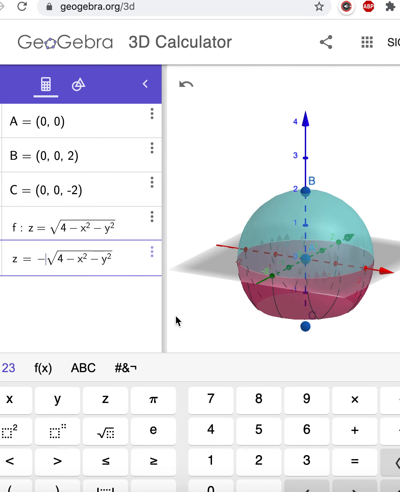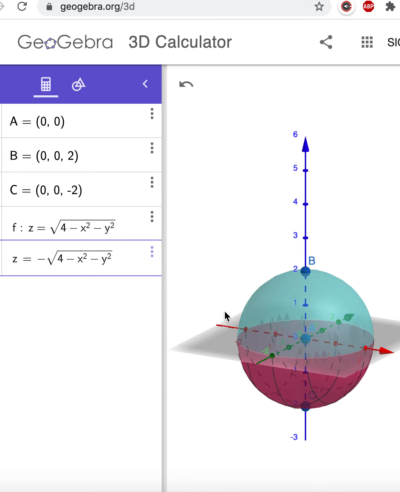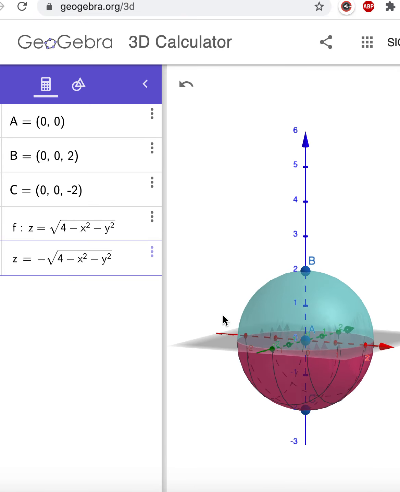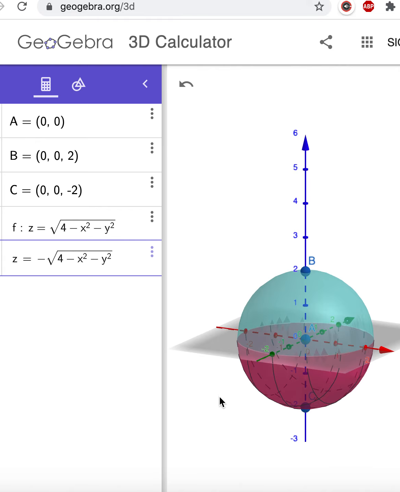So that means if I want to truly graph this correctly, I'm going to need two parts to it, a positive and a negative. And this is the true solution to that original equation. But this shows how it's not a function because the surfaces overlap, where if you did a vertical line test, you would touch twice.